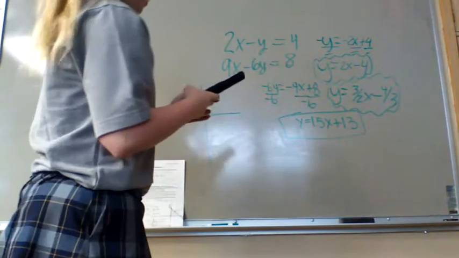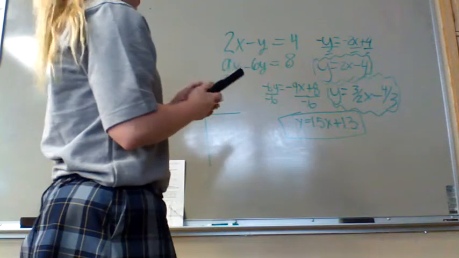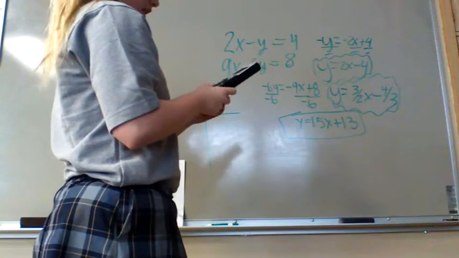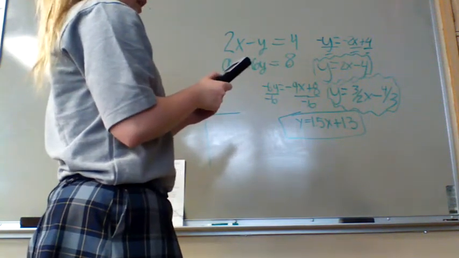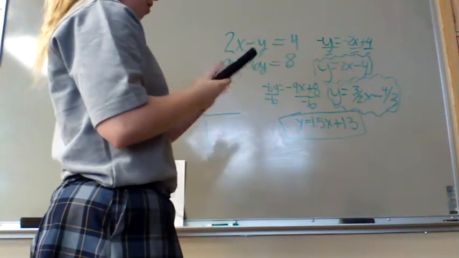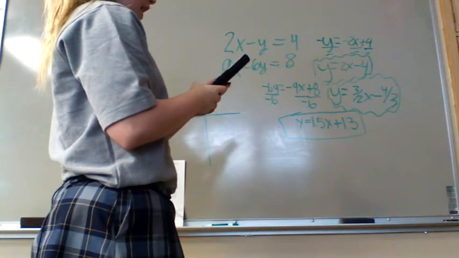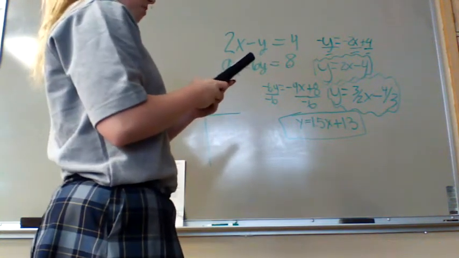So right now, I'll just fill them in. You do 2, and then you use the X button on the graphing calculator. And then you go down one, and then you do 1.5, and then you put X, and then you add 1.3.